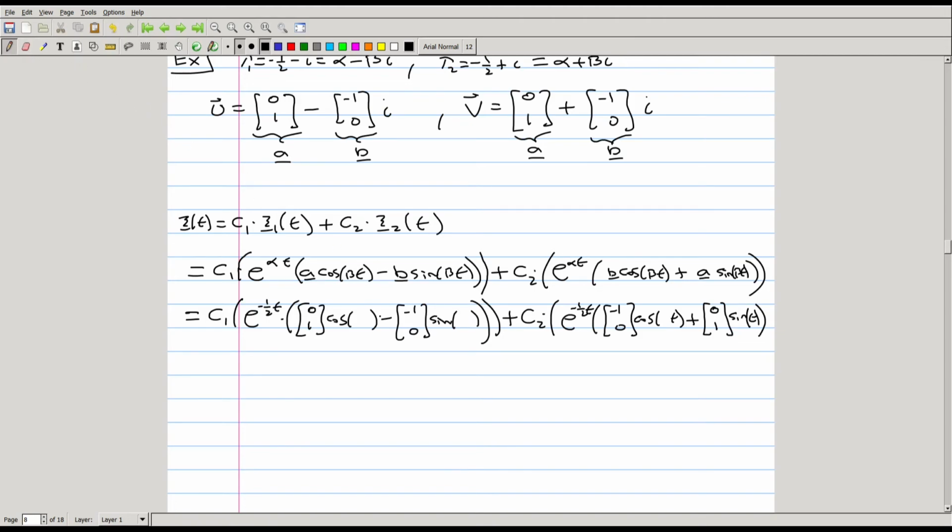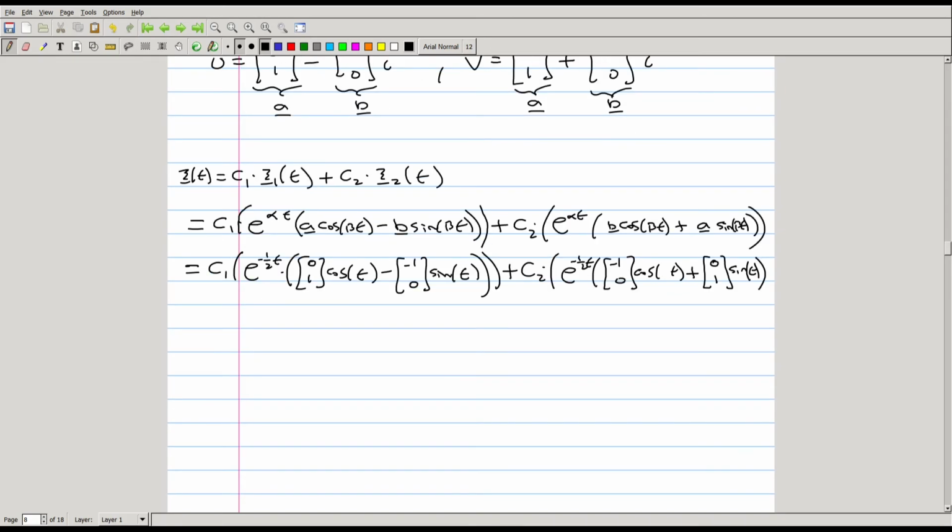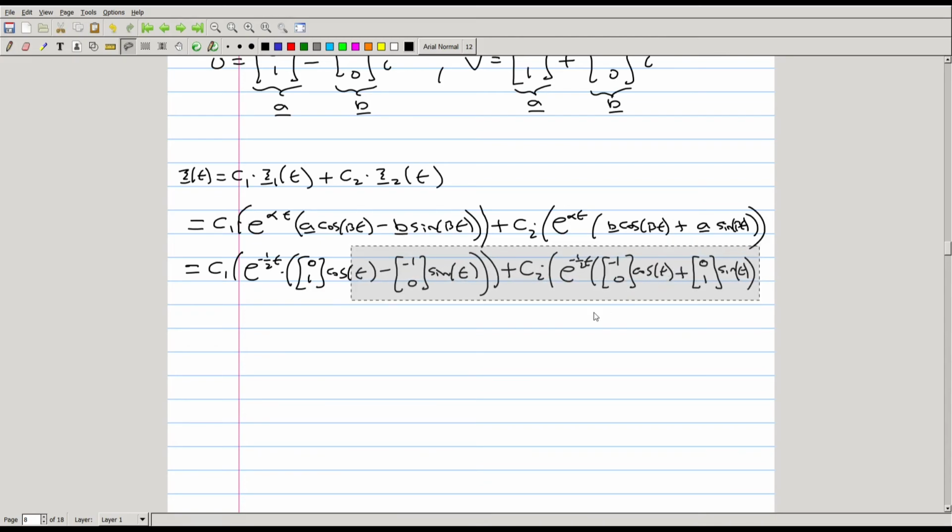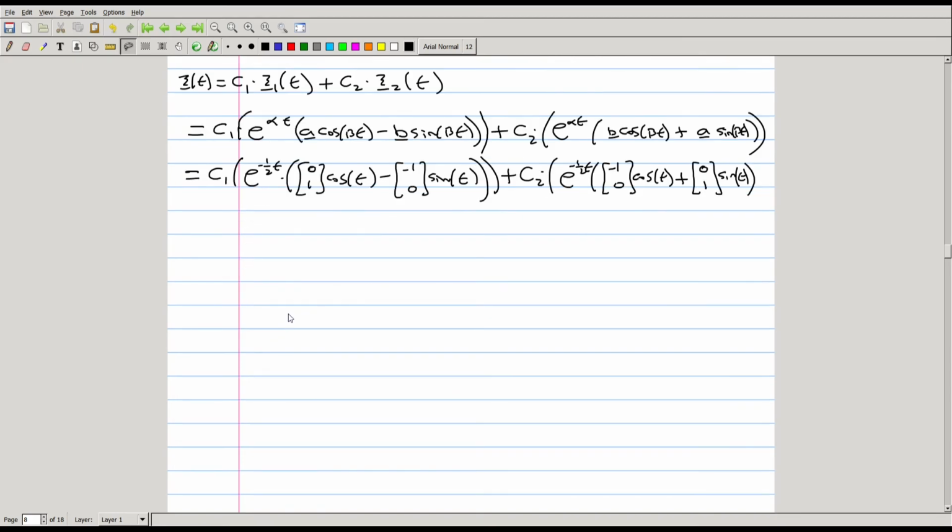So this is the correct general solution to the homogeneous problem given in the example. Now we can clean this up a little bit, make it nicer, and you can always do this in general if you want to. It'll be a little bit longer if the eigenvalues and eigenvectors are more complicated. The first thing to notice is that this can be simplified greatly by doing out the vector mathematics.